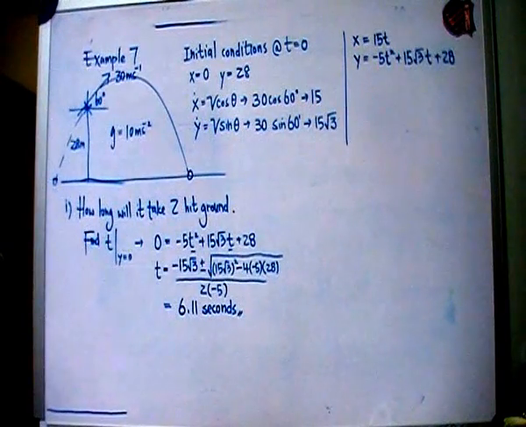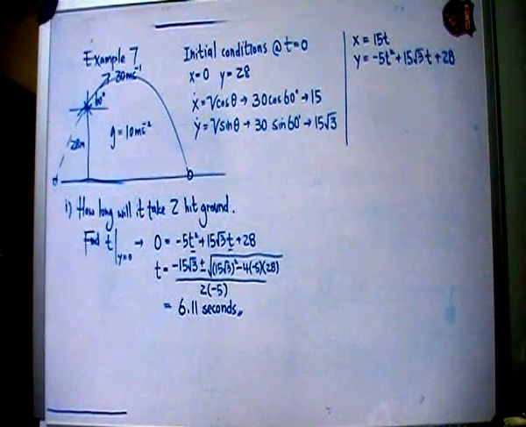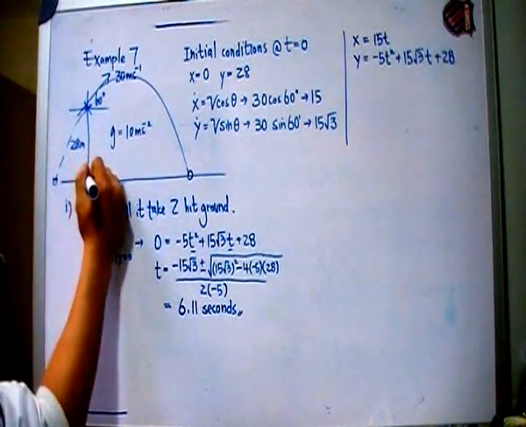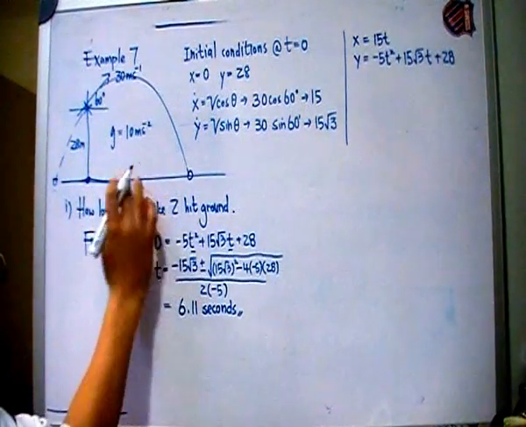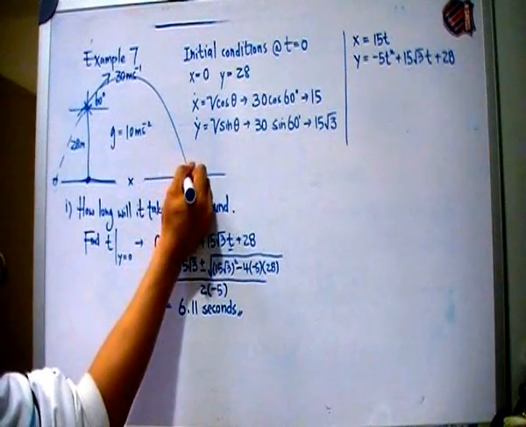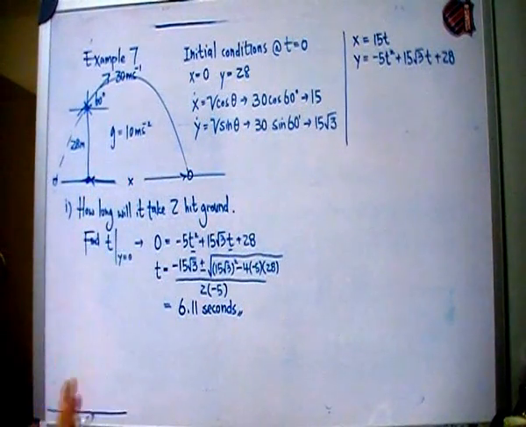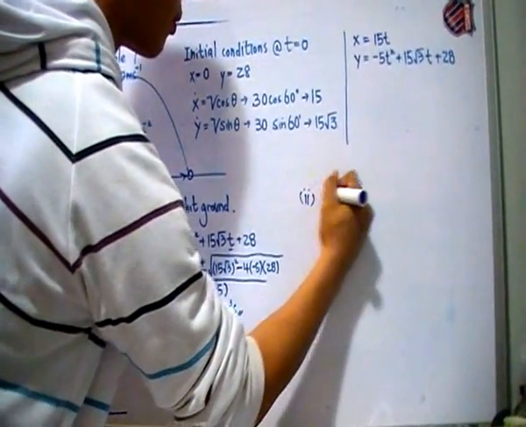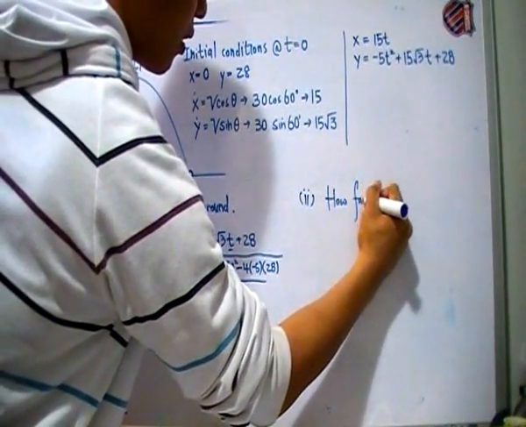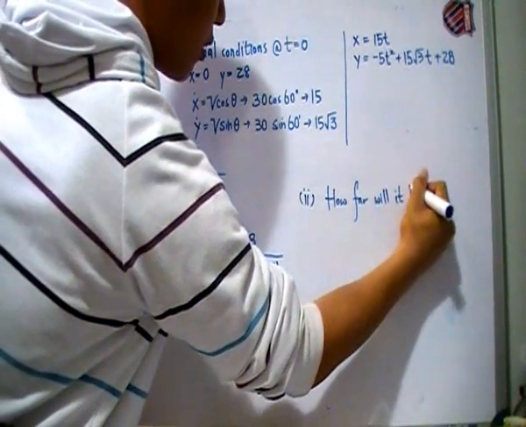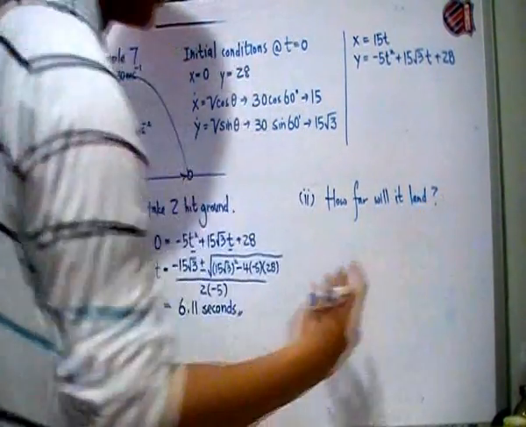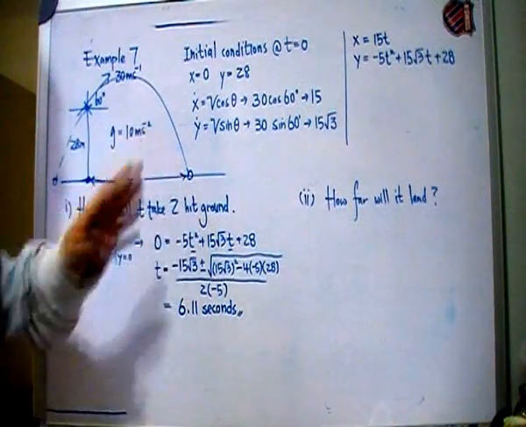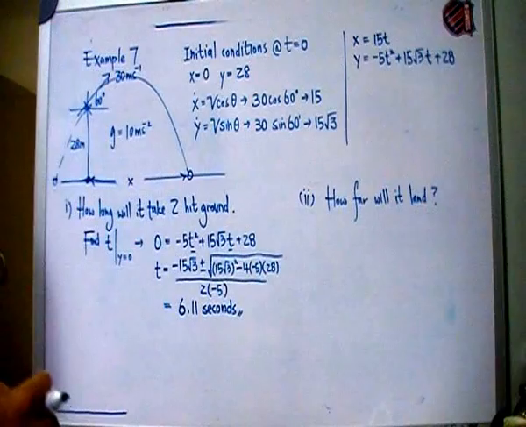Okay, now to part 2, right? It says how far from the launching site will it land. So from this launching site, how far will it land? That's what it's asking. How far is that x? So for part 2, we've already figured out that it's going to take 6.11 seconds from there to there, and we've got the x displacement formula already.